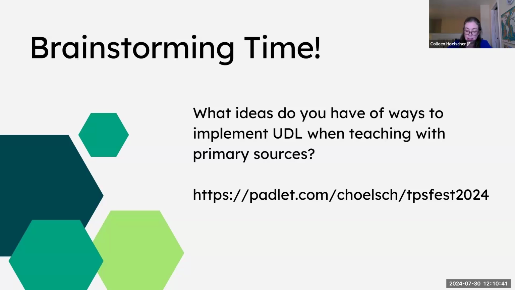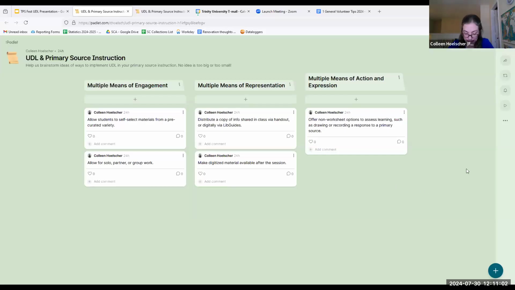So with those considerations in mind, what ideas do we have as a group of ways to implement UDL when teaching with primary sources? Because we have so many TPSers here today, I'm truly overwhelmed by how many of you have interest in this. I've set up a Padlet that we have here, and the link has been in the chat.